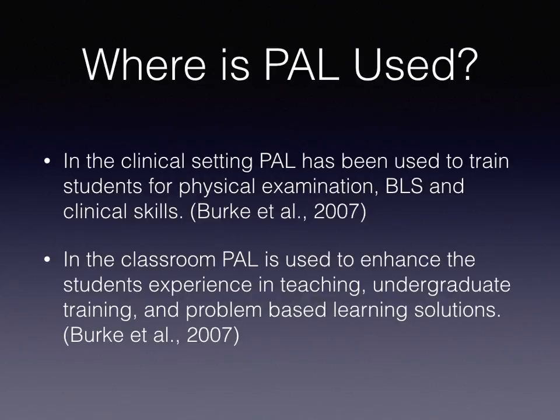In the classroom, peer-assisted learning can be used to enhance the student's experience in teaching, undergraduate training, and problem-based learning solutions. So giving a group an example of an issue or an injury that's occurring and being able to break it down and use this critical thinking. It's important that we do this because what is our BOC exam, or Board of Certification exam?